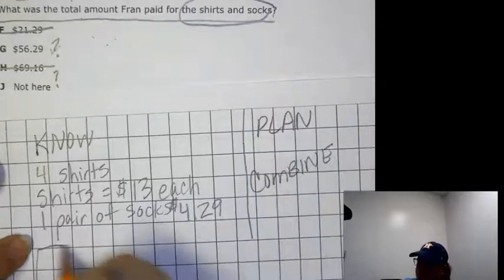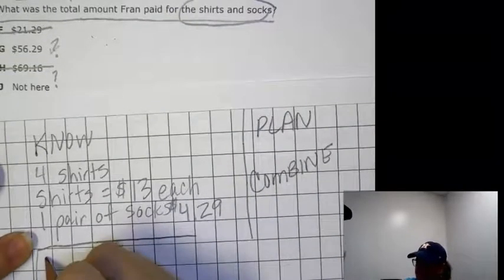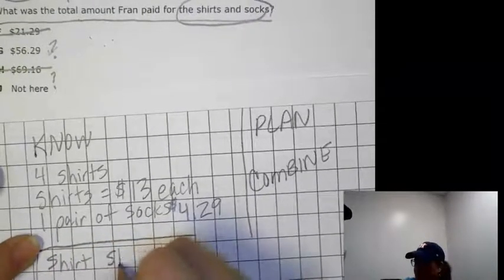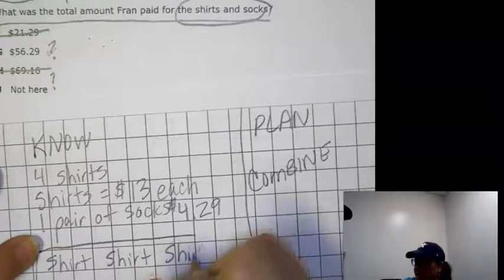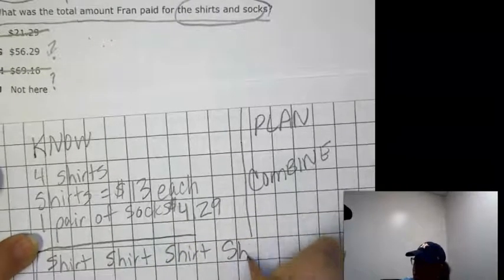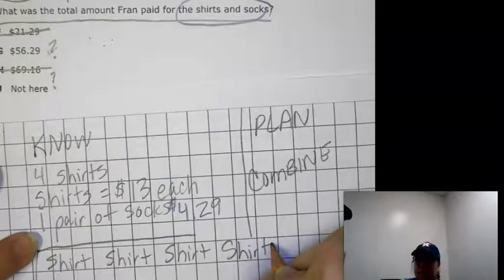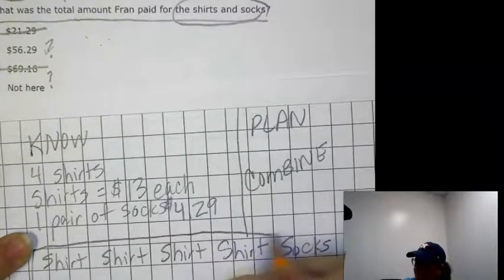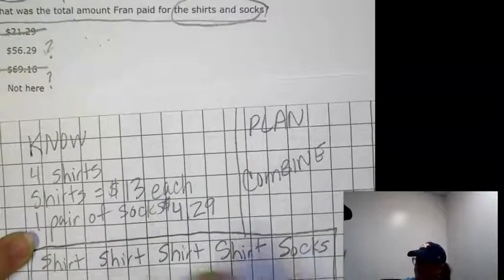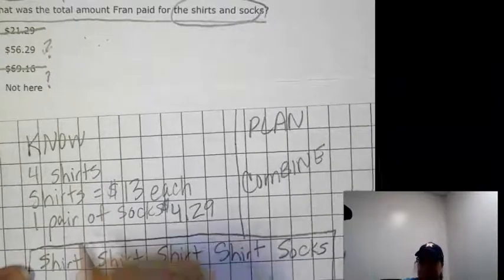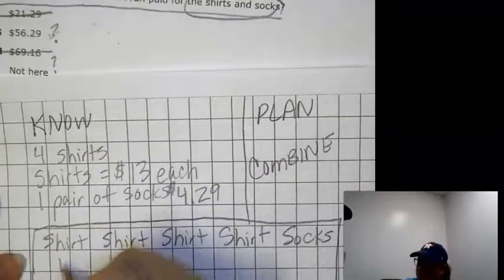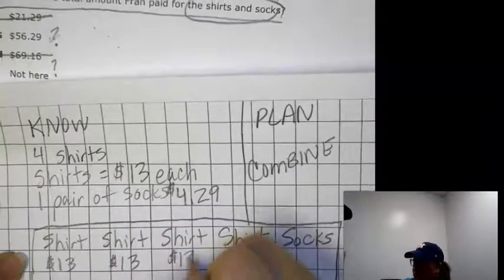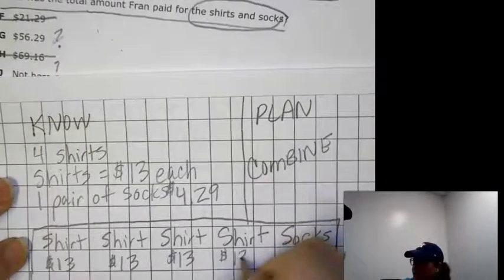So you think about it, you have 4 shirts. Okay, so let's see, we have a shirt, we have another shirt, and another shirt. Okay, and then we also have a pair of socks. We know that this shirt is $13, as is this one, and this one, and this one.